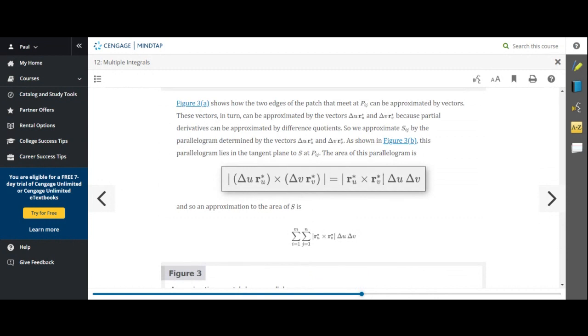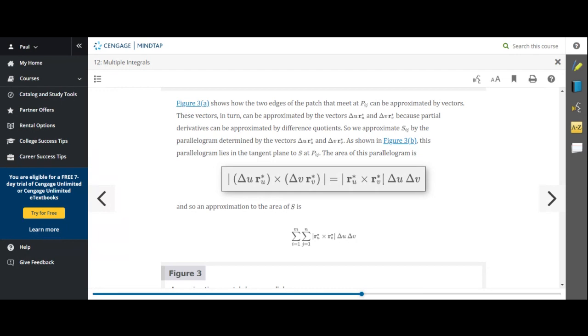All right, and so here is the magnitude of the cross product vector, and the delta u and delta v can be made smaller and smaller so that the area of each parallelogram more closely approximates the area of each patch on the surface. Of course, with the cross product, you can factor out those scalars. That's one of the properties of the cross product of two vectors.